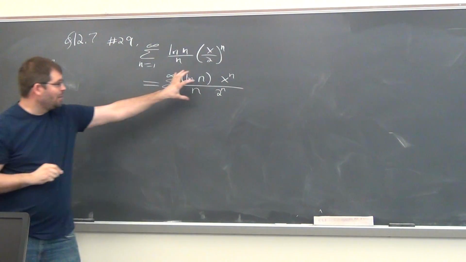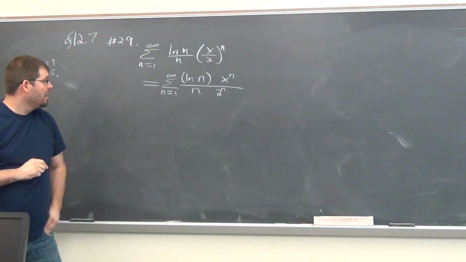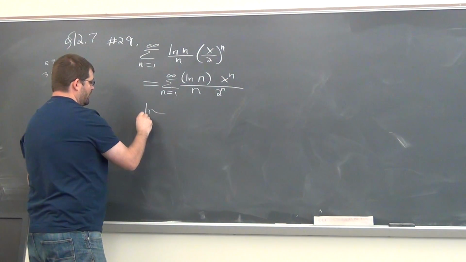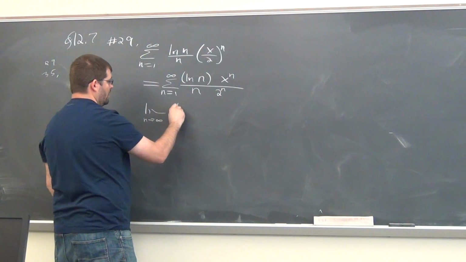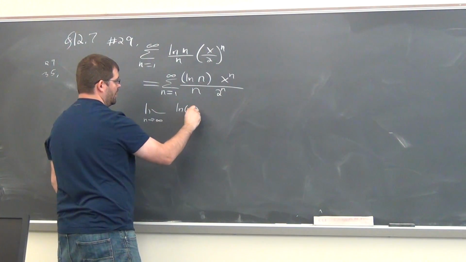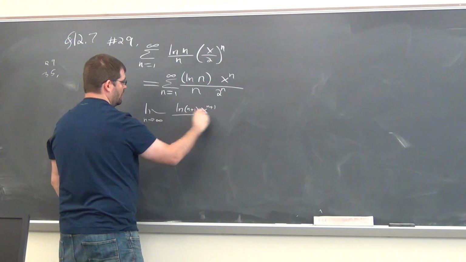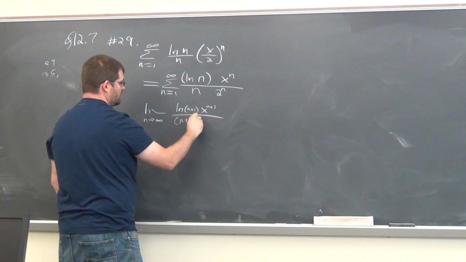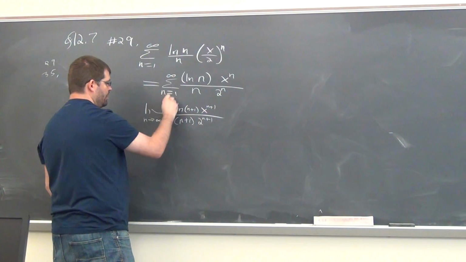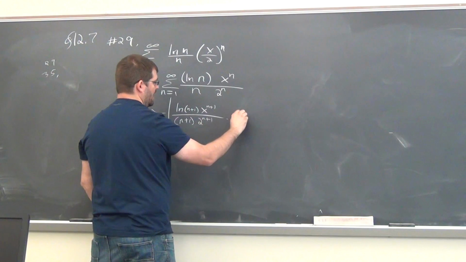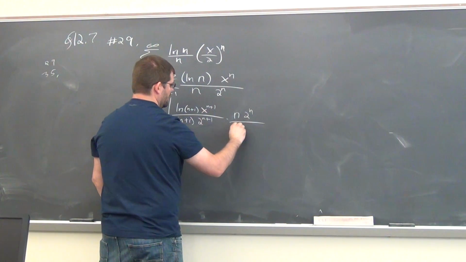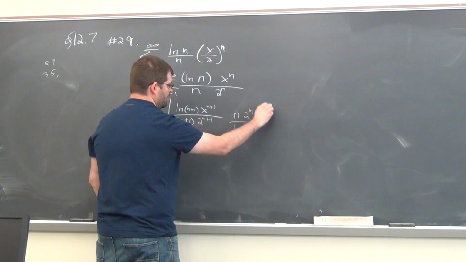So now I have something times x to the power, and now I'll apply my ratio test from there. So log of n plus 1, x to the n plus 1 over n plus 1, 2 to the n plus 1, times n over log n, x to the n.